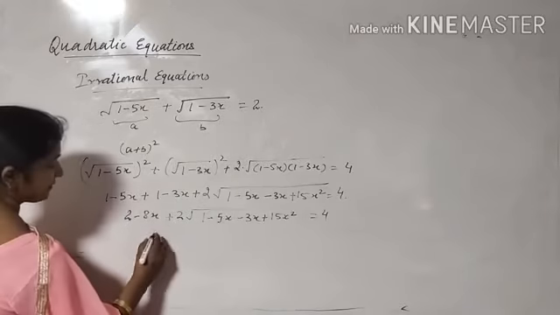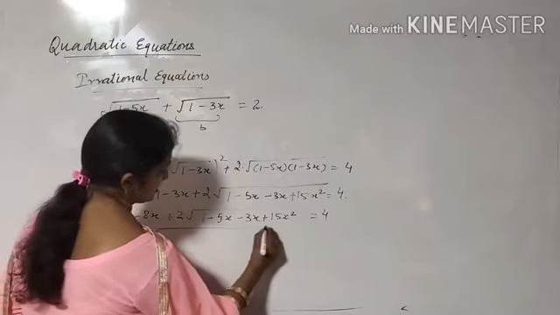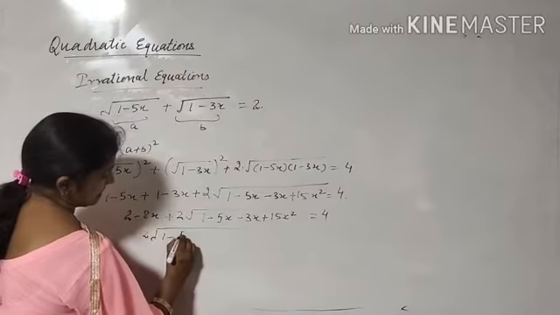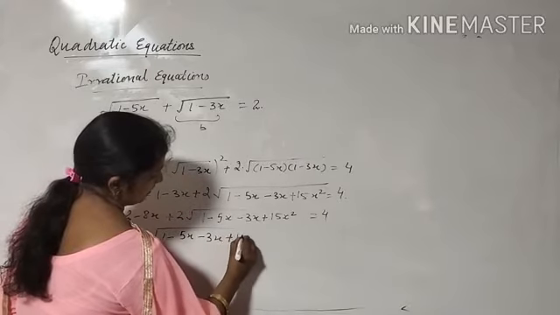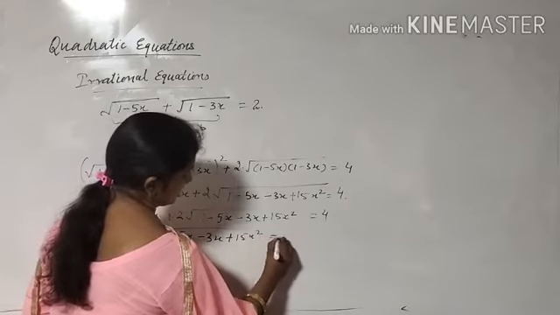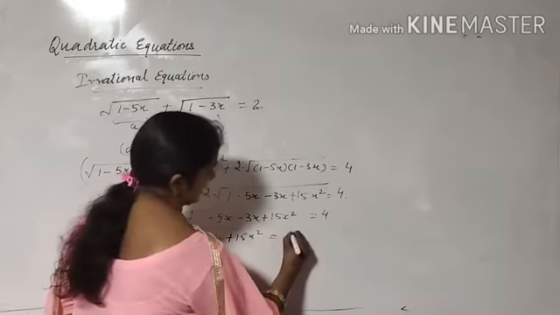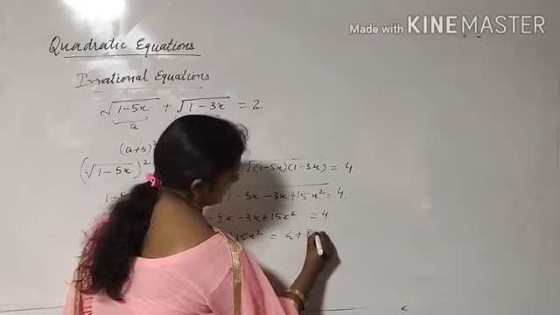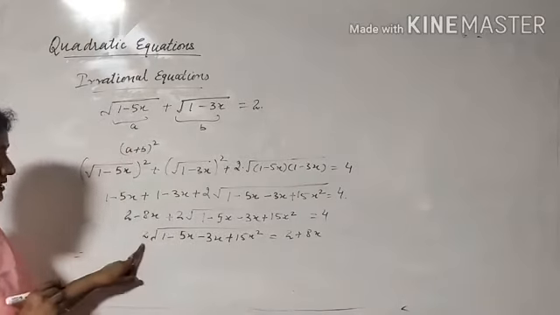We'll get 2√(1 - 5x - 3x + 15x^2) = 4 - 2 + 8x, that is 2 + 8x. And 2 can be taken common from this side and divided out.